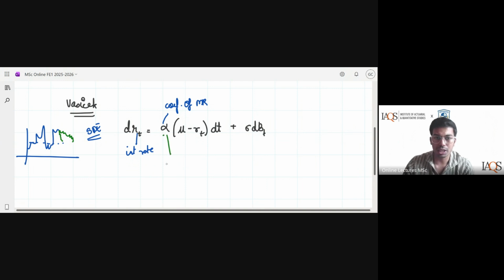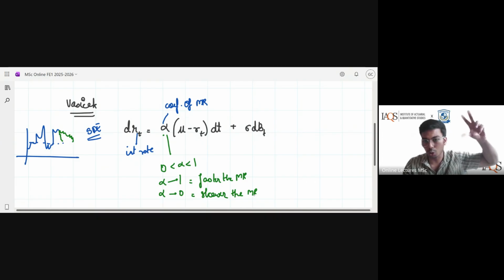The value of alpha is between 0 and 1. An alpha value closer to 1 means faster mean reversion. So in this example, where it comes to the mean reversion level in the next 1 week, alpha will ideally be close to 1. If it takes 3 to 4 months to come back to the mean reversion level, alpha tends towards 0.